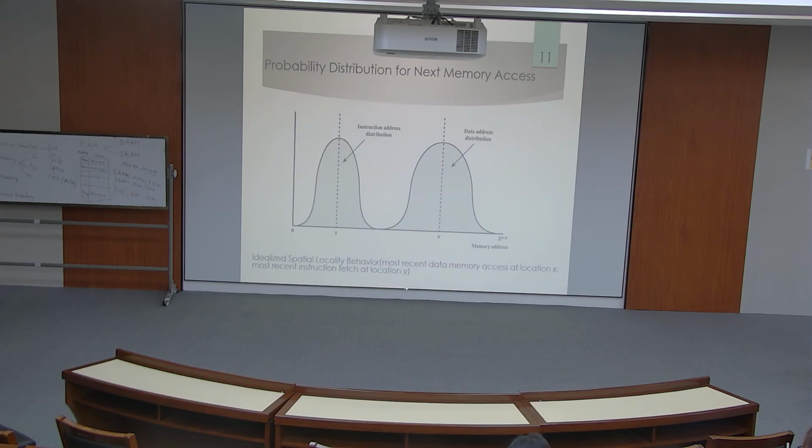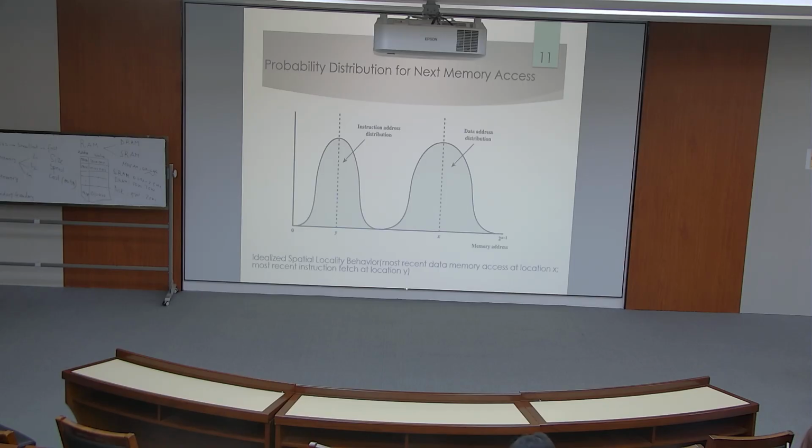Now we have the probability distribution for the next memory access. This picture on the screen shows a probability model of the next memory access. The current address is the center of the distribution. This is the current memory access. The height of the curve decreases as you move away from the center.